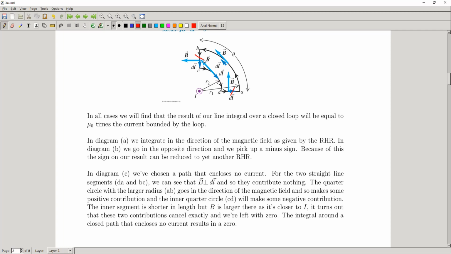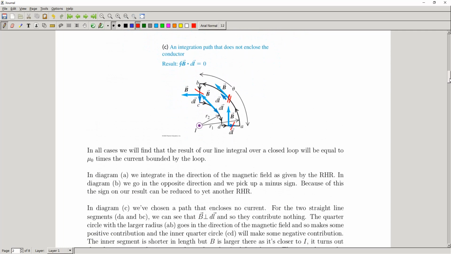Now, as we go along the curved sections, let's take a look at AB first, this outer section here. On AB, we're going in the direction of our magnetic field, again following the right-hand rule. So using the logic we talked about above, if we're going in the same direction, we pick up a positive contribution.